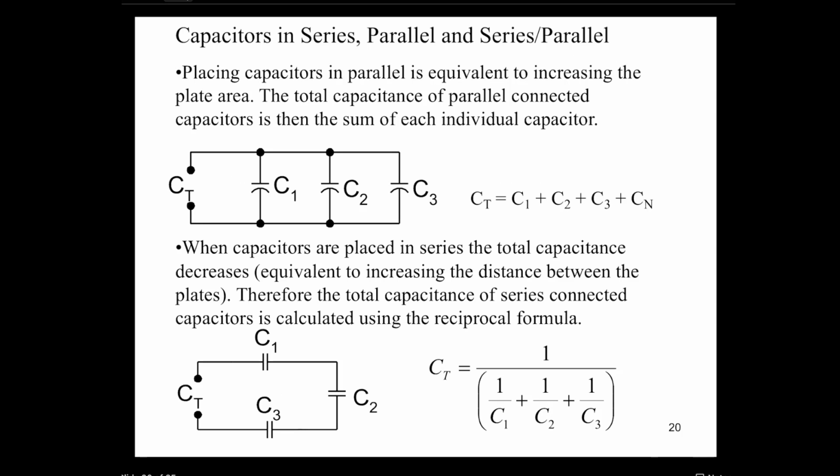Okay, so going forward here then, what we're doing is we're taking a look at capacitors in series and in parallel and combination. And again, if you look at your formula sheet, it will have these formulas for these connections, and it will say right beside it, capacitor in series, capacitor in parallel.